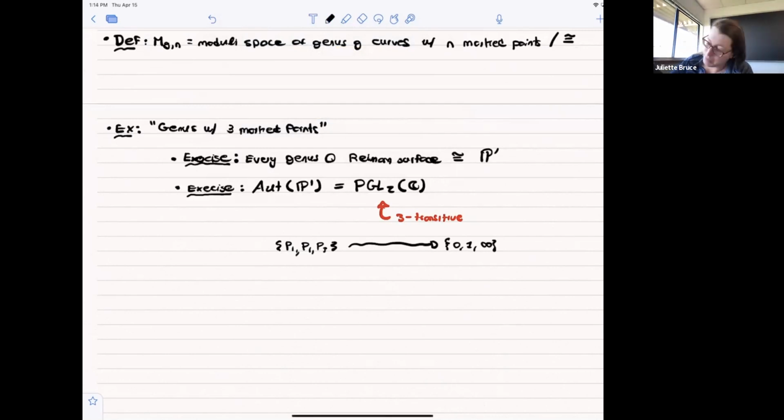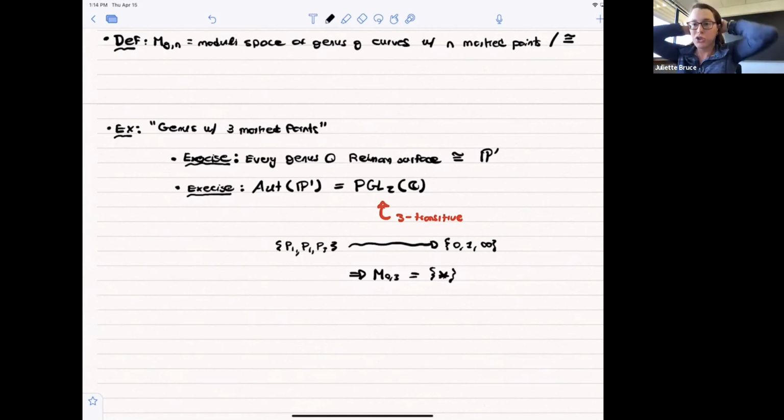And what this essentially means is that there's really only one choice of points up to the action of this group. In particular, it tells us that M03 is exactly 1 point. There's only one Riemann surface of genus 0, and there's only up to the action of automorphisms 1 point to put your finger holes.